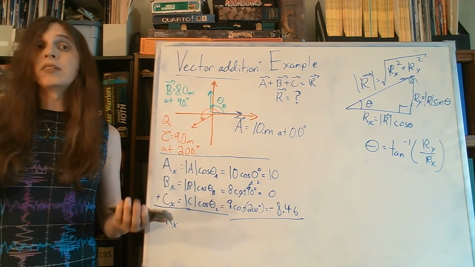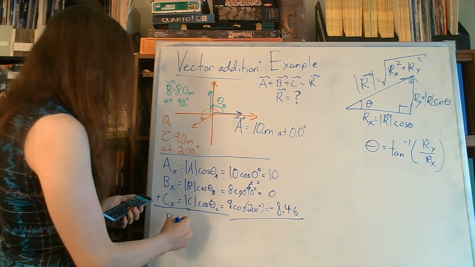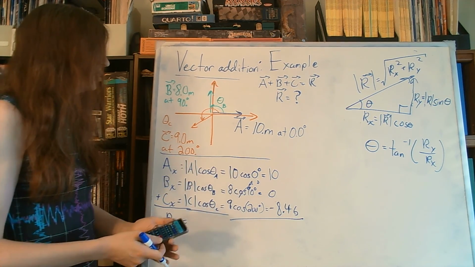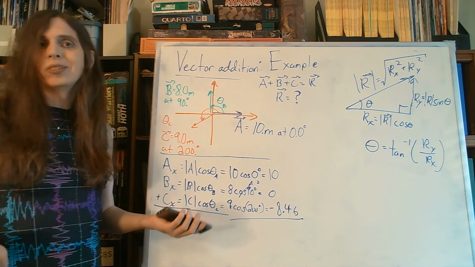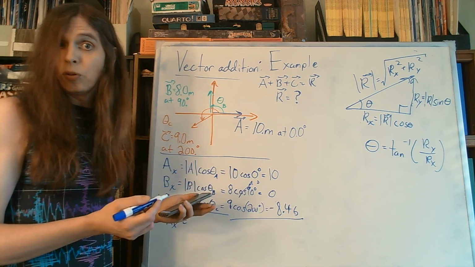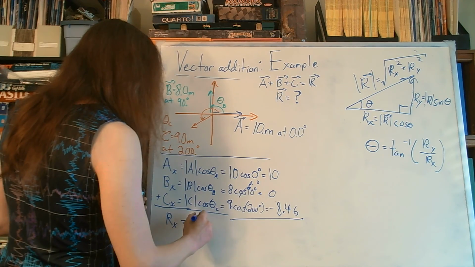And I'm going to go ahead and finish the algebra on that one. And so it's essentially 10 minus 8.46. I can do that one in my head. That's 1.54 meters, positive 1.54 meters.